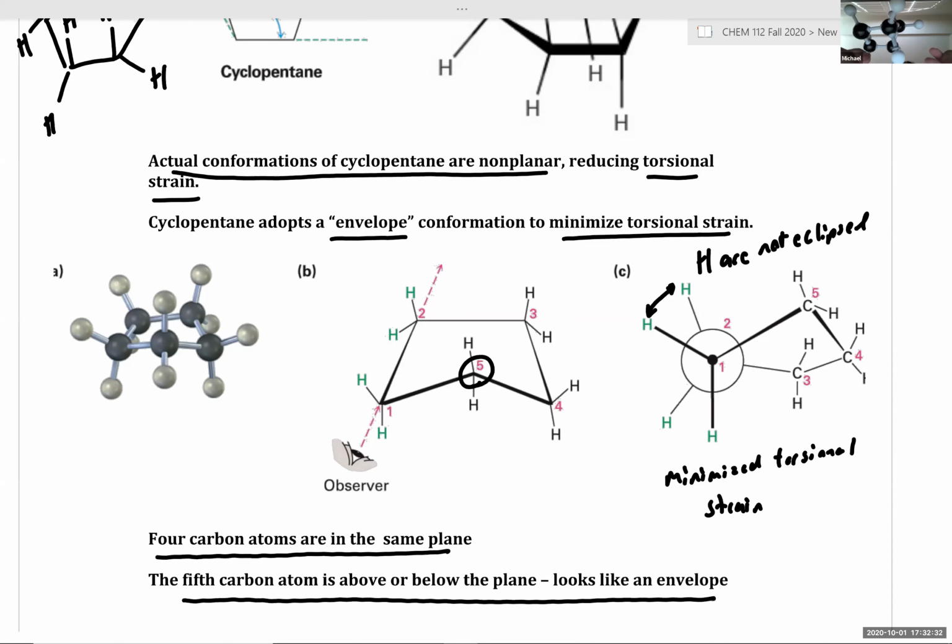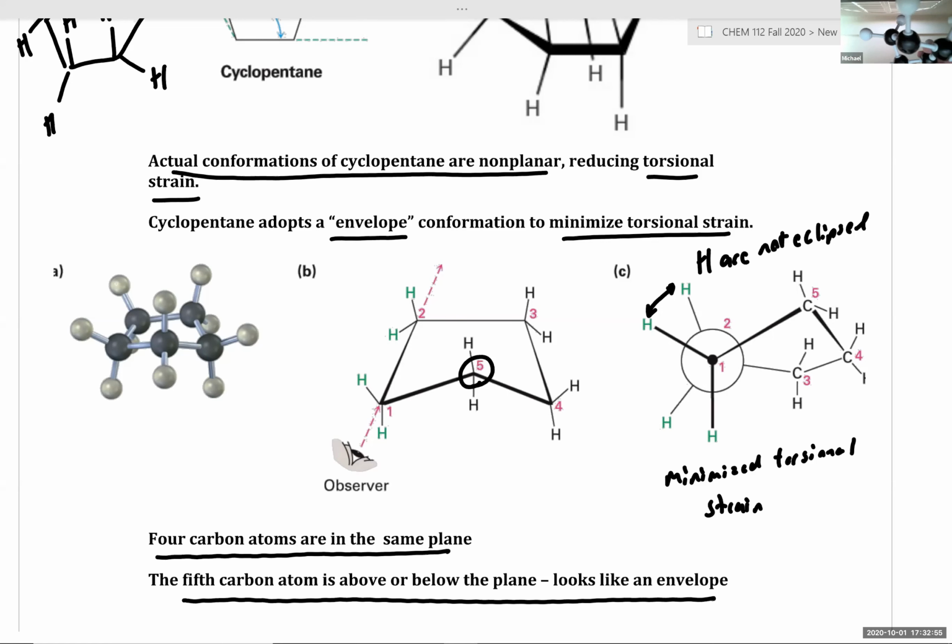Here we go. Sorry, the camera's mirrored. As we can see, we have most of our carbons in the plane, and we have one of our carbons above the plane. Does everyone see how one of our carbons is pointing up above the plane?